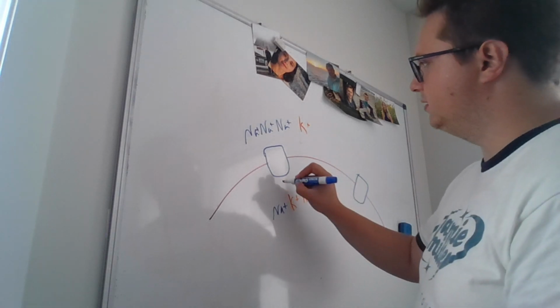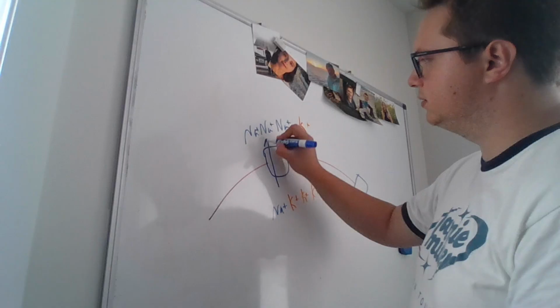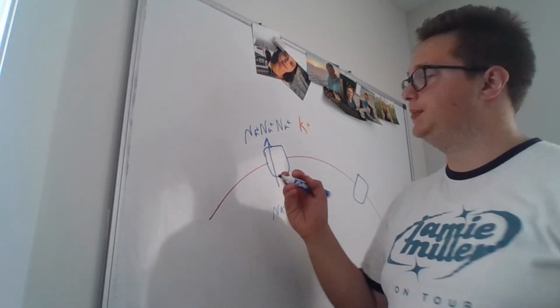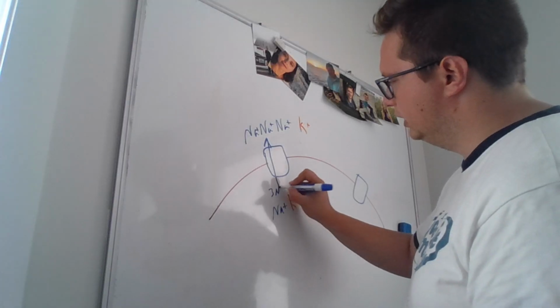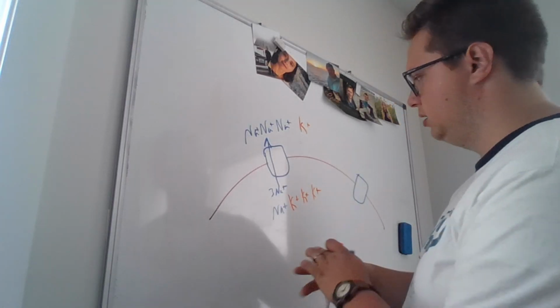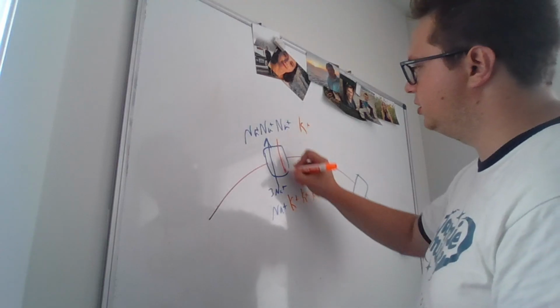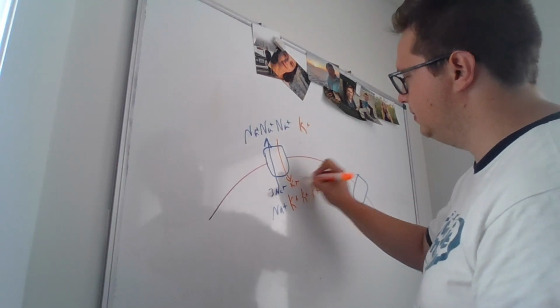So what we're going to have is 3 sodiums. This is what the sodium potassium ATPase pump does. We're having 3 sodiums leave the cell, and two potassiums come into the cell.